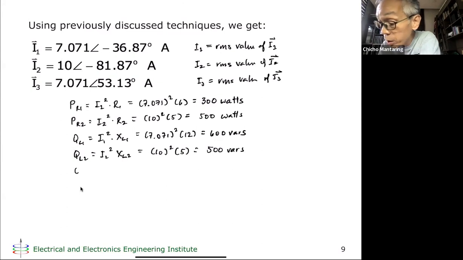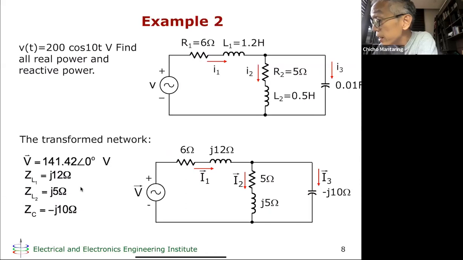The reactive power to C. This is C, it's not labeled, so let's just call this C. The reactive power to C is going to be I3, not the phasor, but the magnitude or RMS value of I3.